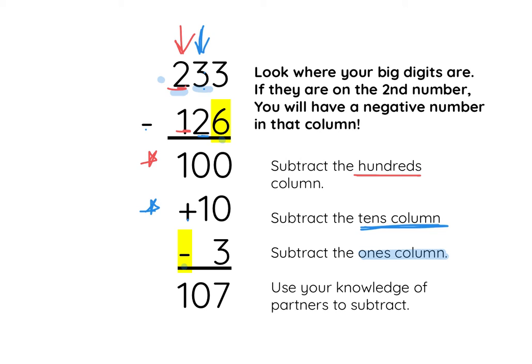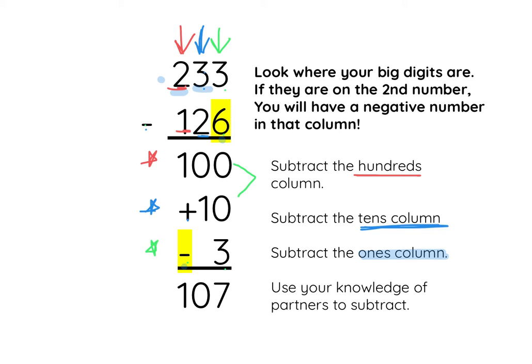Now we will do the ones column, and all you do is you just subtract straight down. So 3 subtract 6. Notice our 6 is larger, which is why we have a negative 3. So now you have 100 plus 10 minus 3. So a lot of times I will bracket your first two numbers.